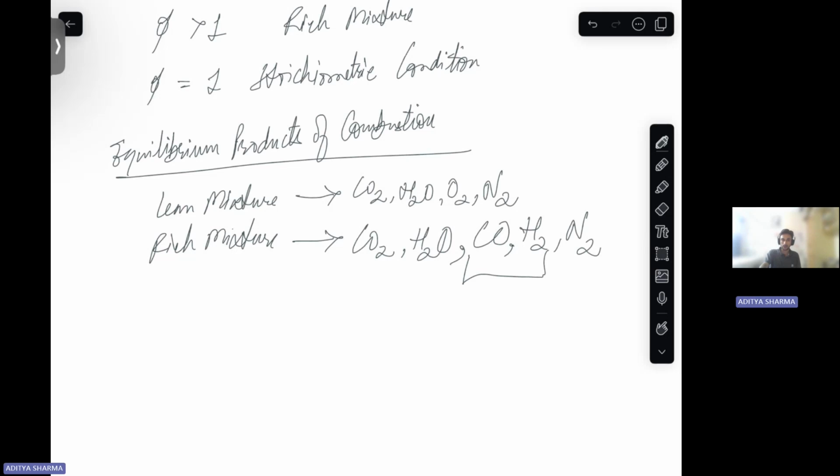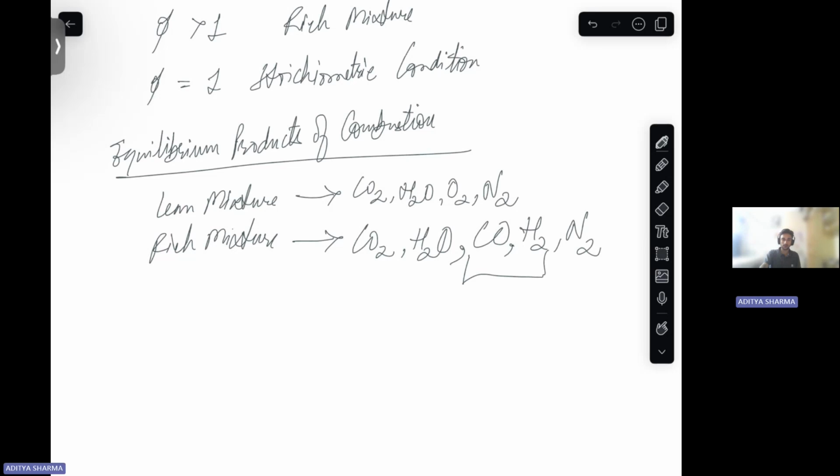And then what impact your equivalence ratio phi has on the mole fraction of different products. So this has been shown by different graphs. Okay, for propane the discussion has been done.